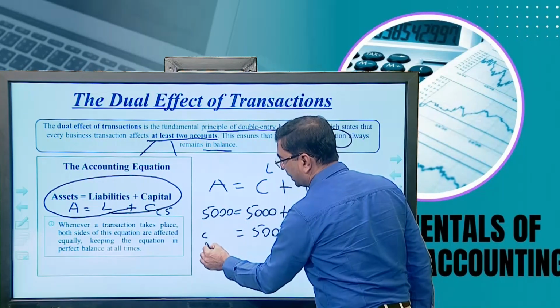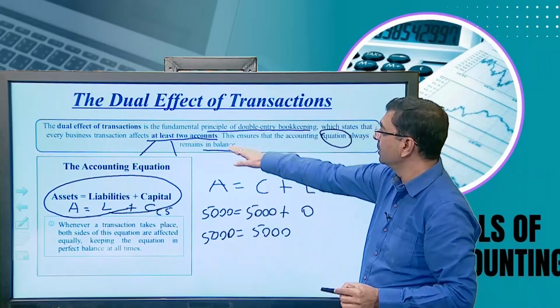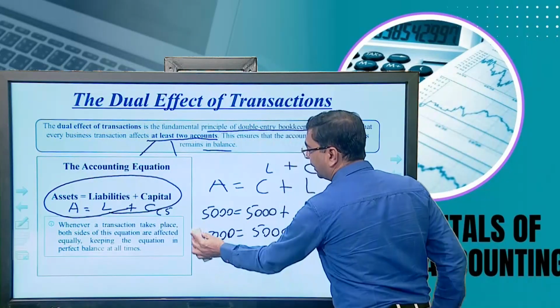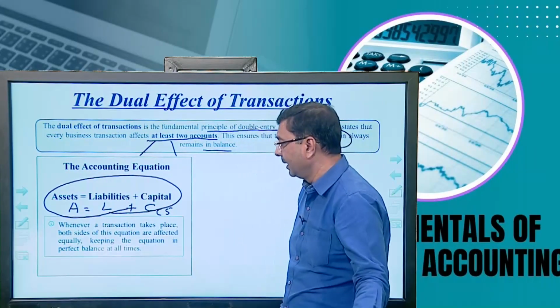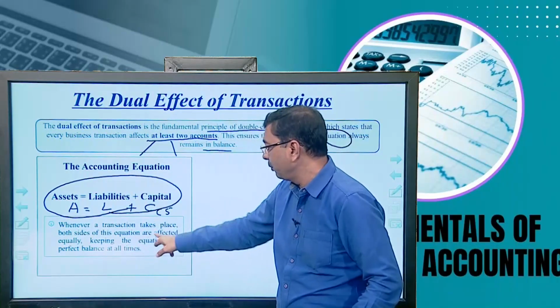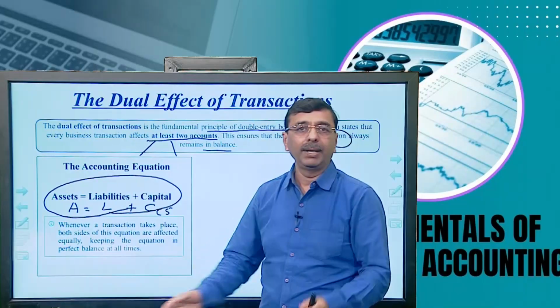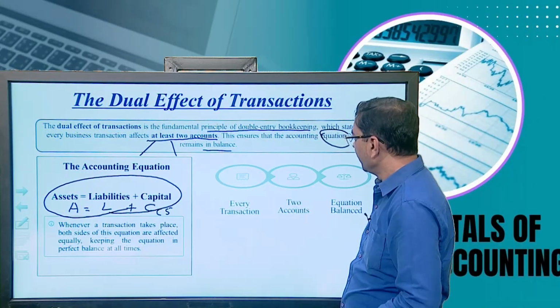How much is assets? 5,000. So the equation is balanced. This is the way we need to understand this formula, A = C + L. Whenever a transaction takes place, both sides of the equation are affected equally and it is always balanced. Moving to the next part.